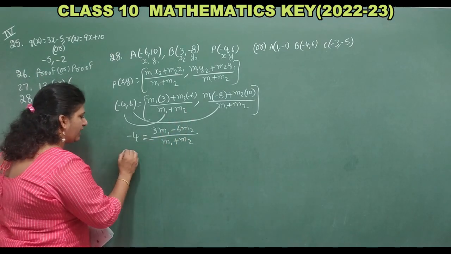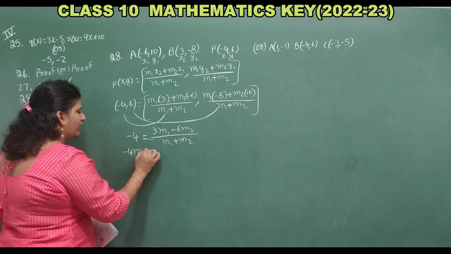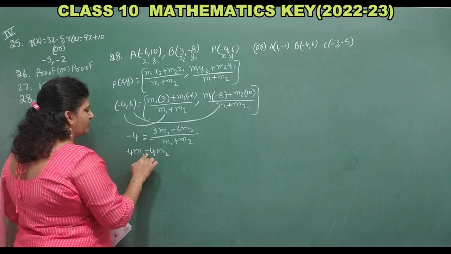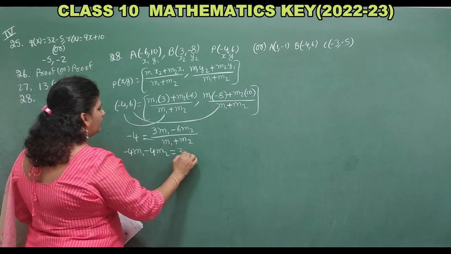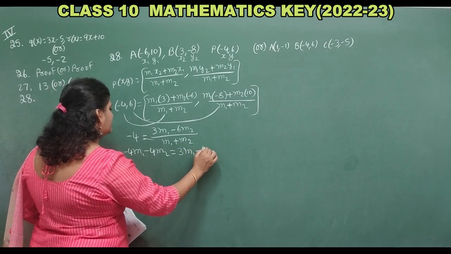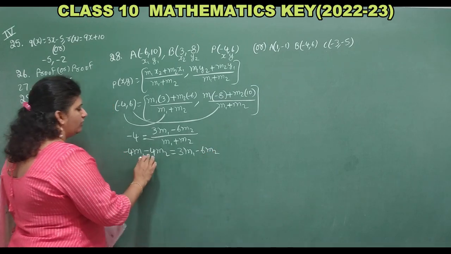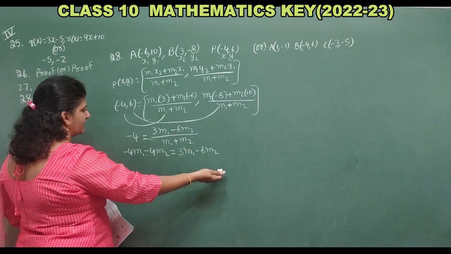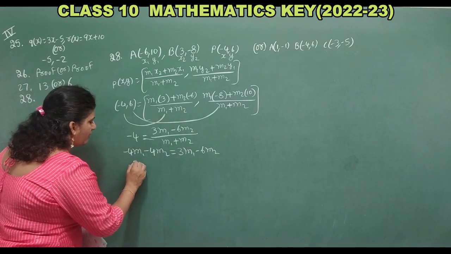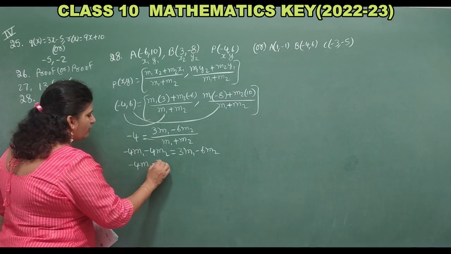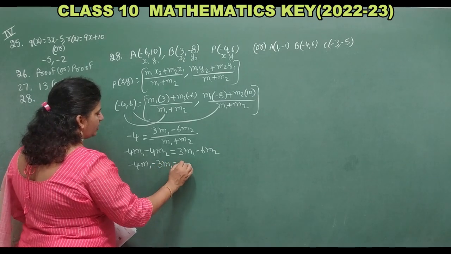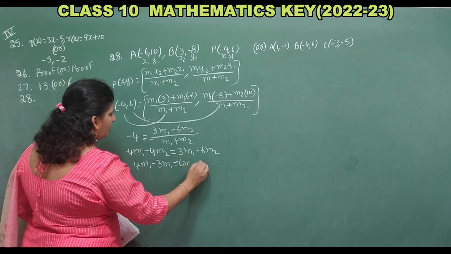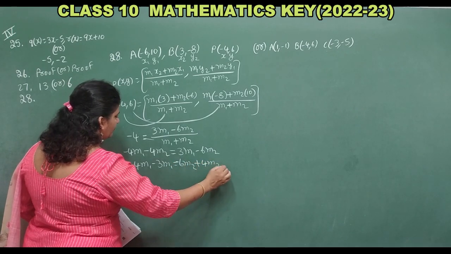Now cross multiply. Minus 4m1 minus 4m2. Minus into plus it will become minus. Right? 3m1 minus 6m2. Now bring this m1 term this side and send the m2 term other side. Minus 4m1 minus 3m1 is equal to minus 6m2 plus 4m2.